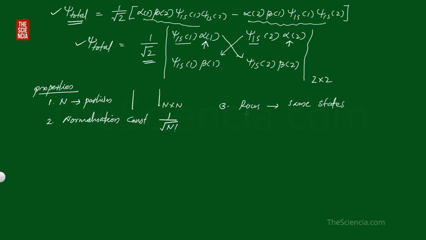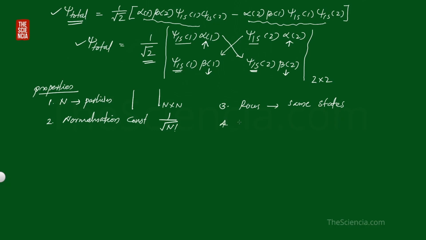That is, I am saying the rows have the same state. Here the spin state is down, right? Here also the space state is psi 1s, and the spin state is down, right? So both the states are the same, but the particle arrangement is the only difference. So the rows contain the same states.